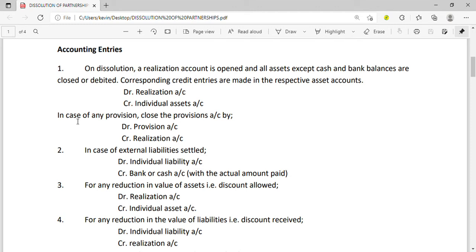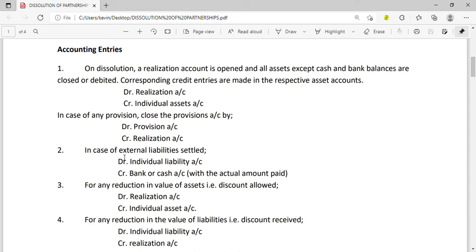Then in case of any provision, closed by the provisions account, like provision for bad debts, we debit the provision account and then we credit the realization account. Then in case of external liabilities settled, when liabilities are settled, we debit the liability account because liabilities are reducing.